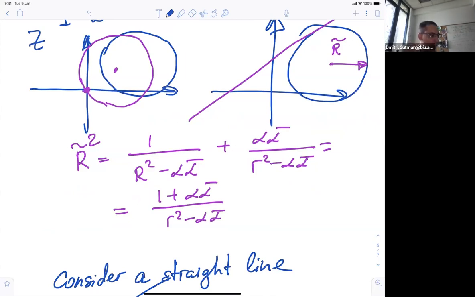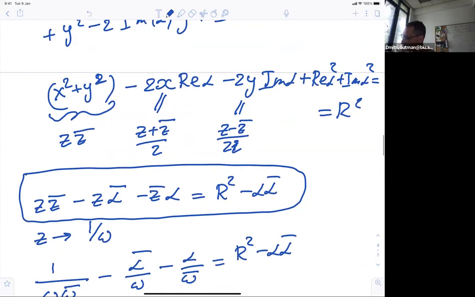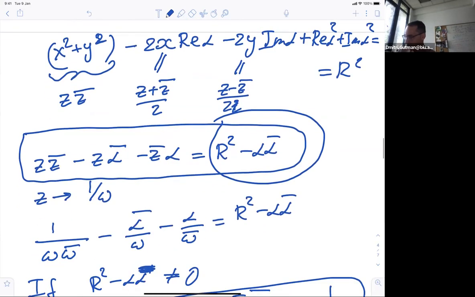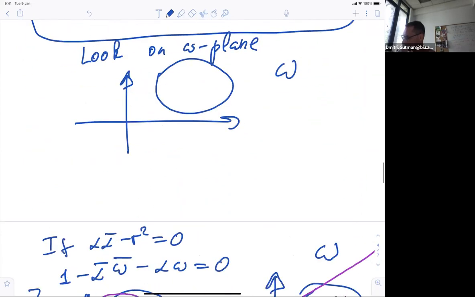If you look on the equation of a circle on the z plane here, you see what stands here on the right hand side. It's a radius square minus the absolute value of the coefficient in front of z. So if we got 0 on the right hand side, it means that r square is equal to alpha alpha bar.